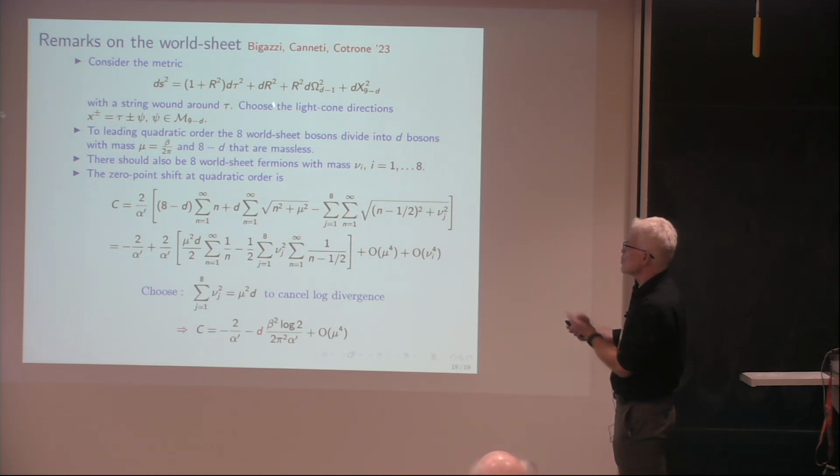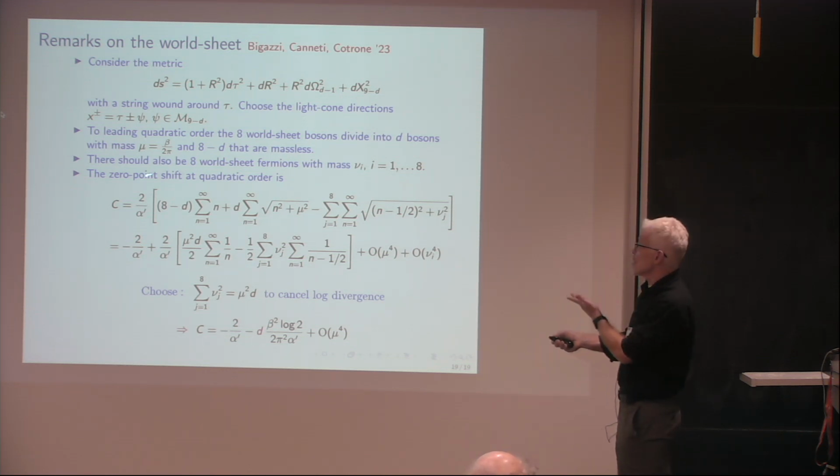You can choose directions where you take tau and one other direction from the remaining 9 minus d directions. To leading quadratic order, the worldsheet bosons divide into d bosons with a mass that looks like this, and 8 minus d that are massless. And there should also be 8 worldsheet fermions with some masses, which I'll call nu I, where I runs from 1 to 8.